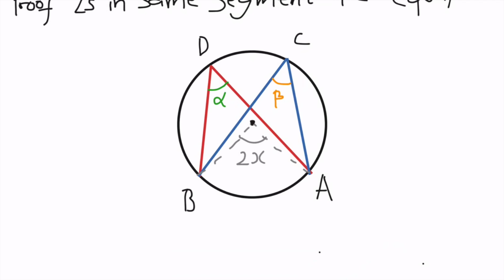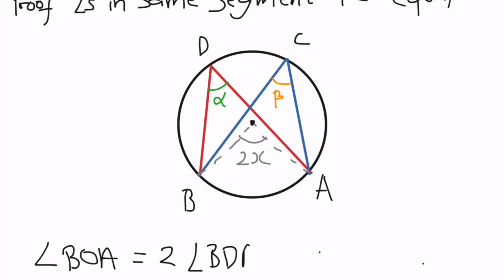Which means, what I'm saying is, I will not prove this because this is part of the theorem already. So the angle BOA is actually twice the angle BDA. And similarly, the angle BOA is twice the angle BCA.